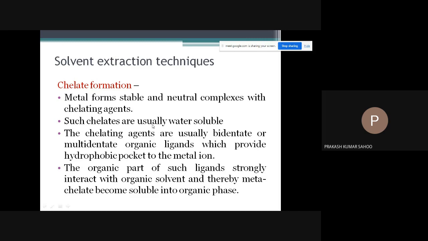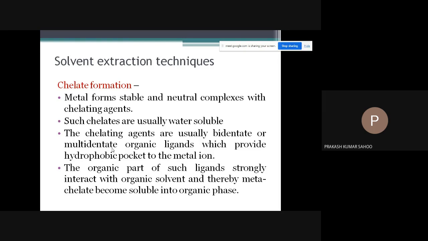I understood your question. You have to remember, to dissolve the metal ion in the organic phase, we use organic ligands like the bidentate ethylene diamine ligand or the multidentate, hexadentate ligand ethylene diamine tetraacetate, which has six donation sites.